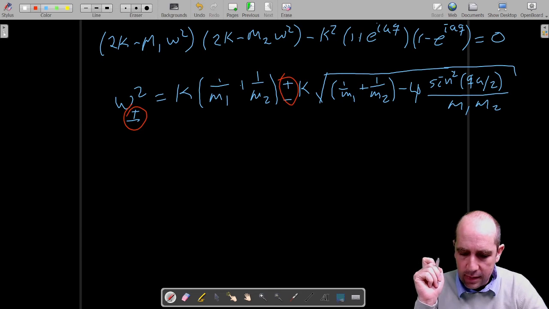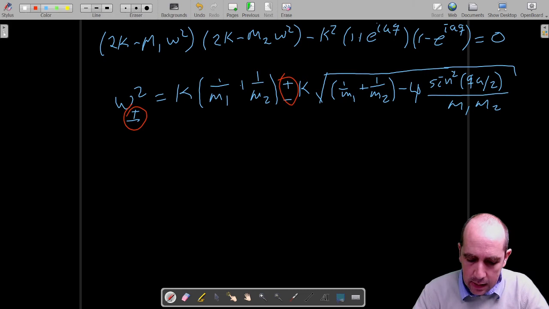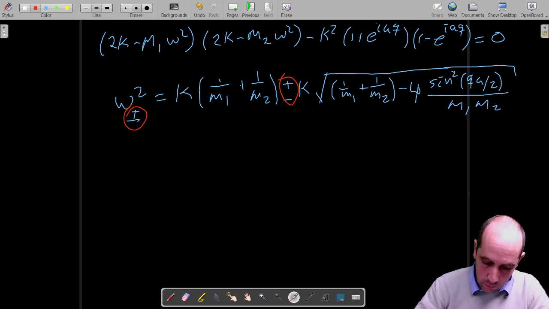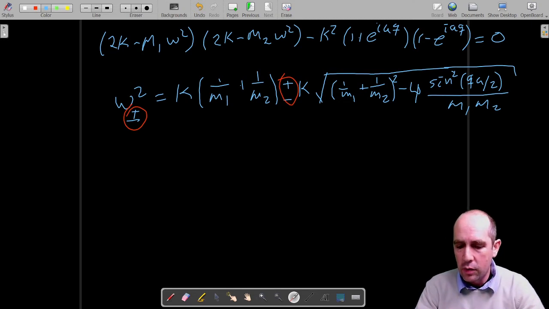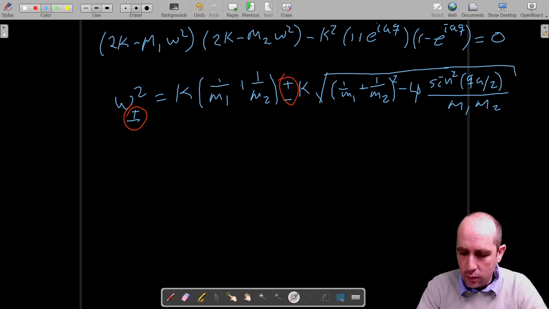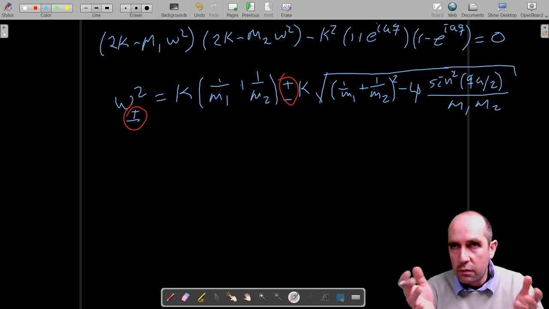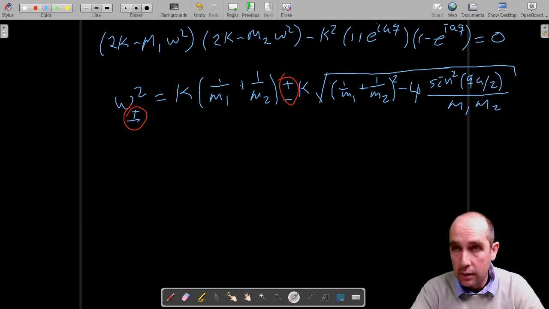So when q is very, very small, and we take the minus sign, basically this term over here and this term over here, which is missing a square there, these two terms basically cancel each other, and we just get something that goes, for small q's, as the square root of sine squared of q a over 2.